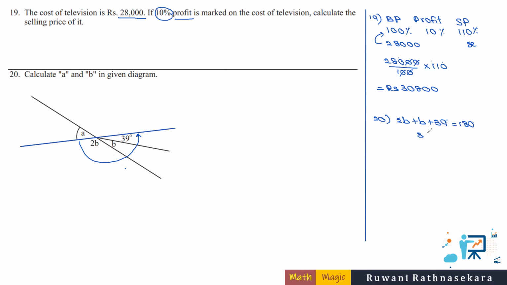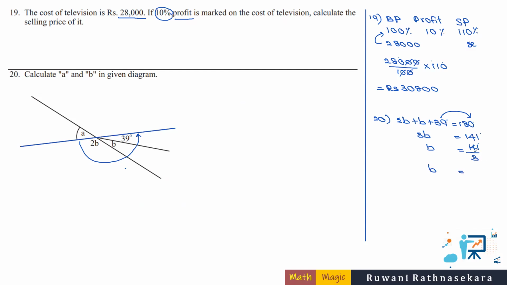Then here you get 3B, and once you subtract 39 from 180, you'll get 141 degrees. Then to find B, you have to divide 141 by 3.